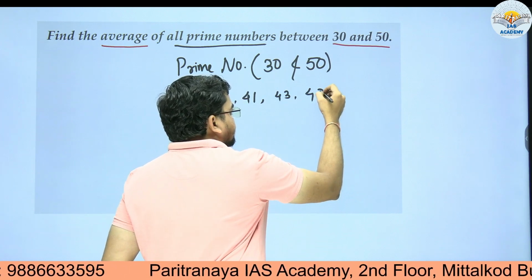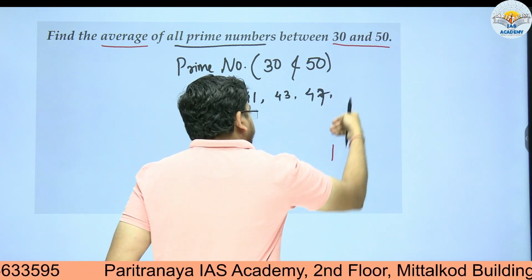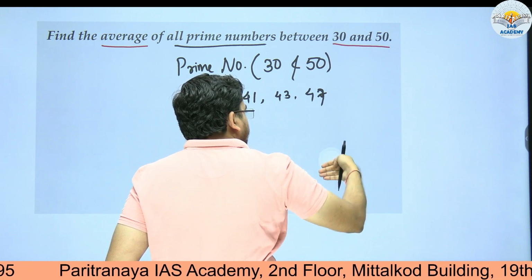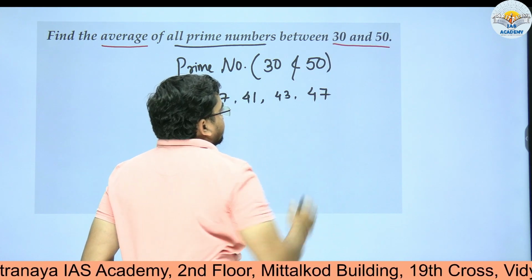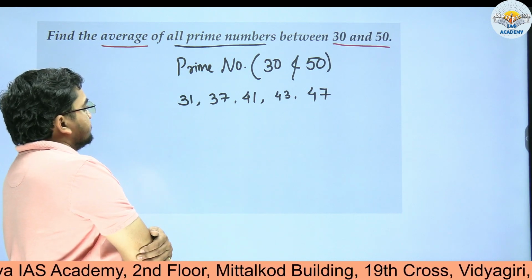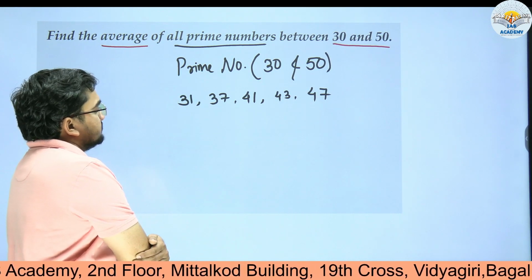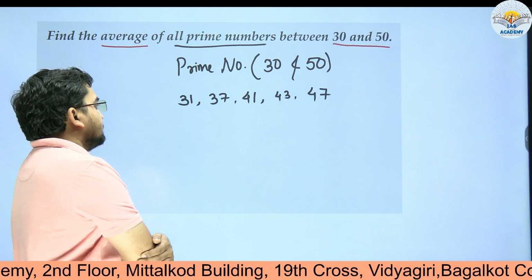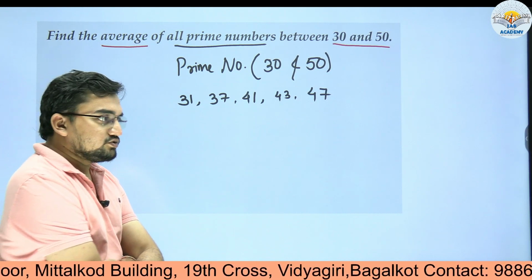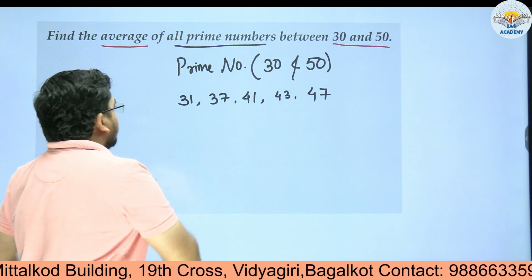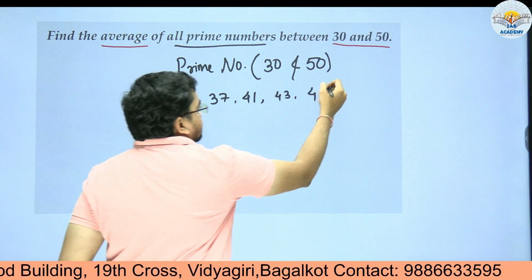So 49 is divisible by 7. Okay, is 41 divisible by anything? Is it divisible by 3, 7? Nothing. What about 43? It's also not divisible. 47 also is not divisible. So thus we got the observations.